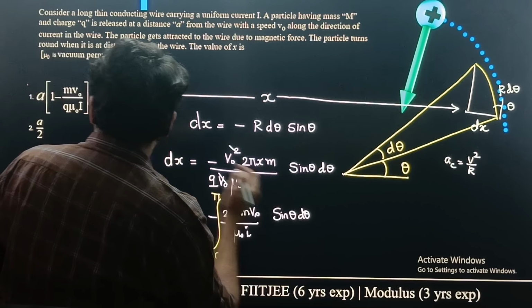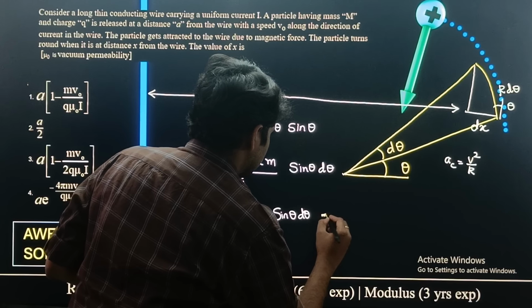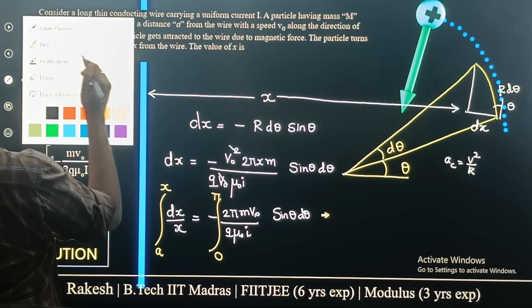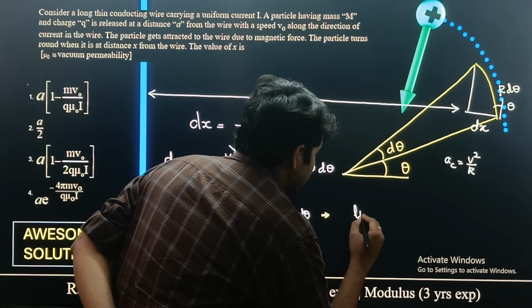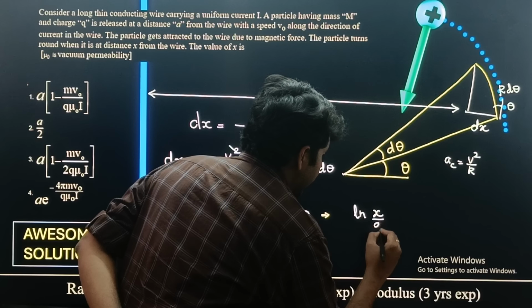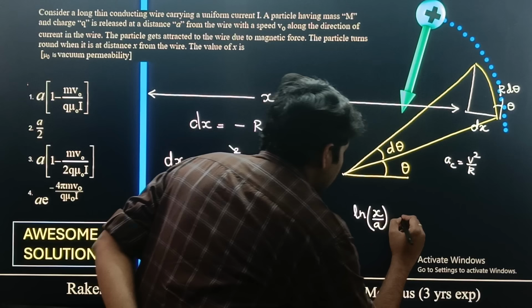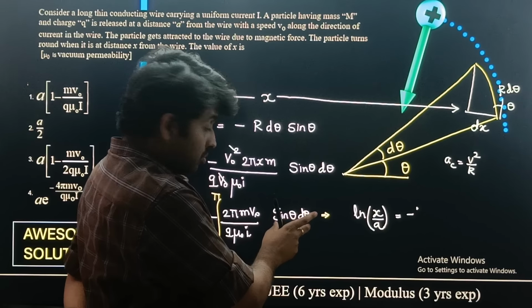So directly, now I can write this as ln x by a equal to negative, sine theta d theta gives 2.